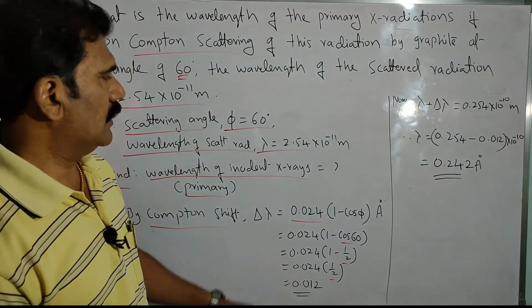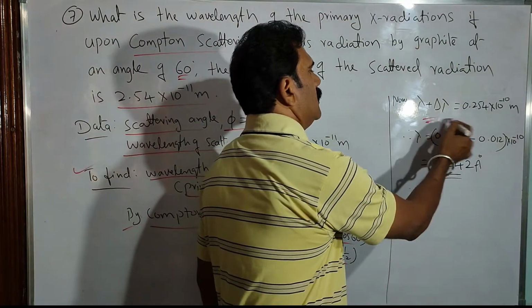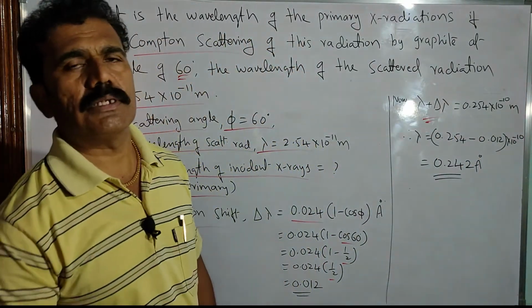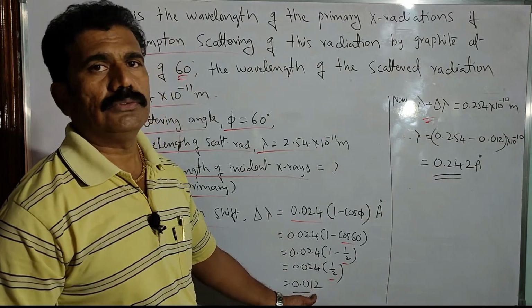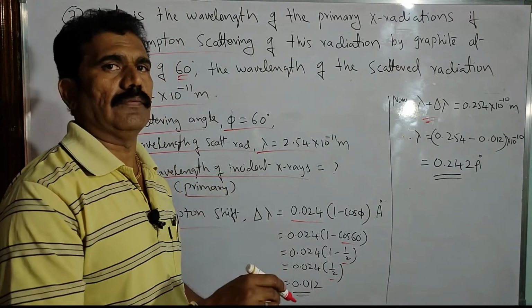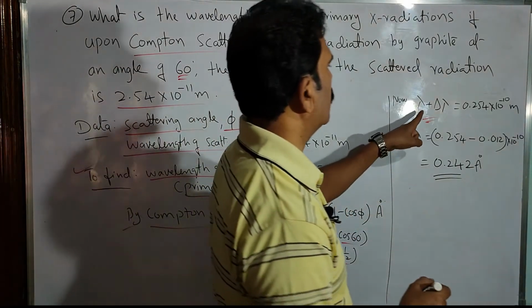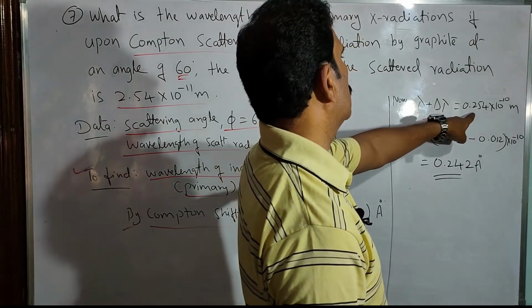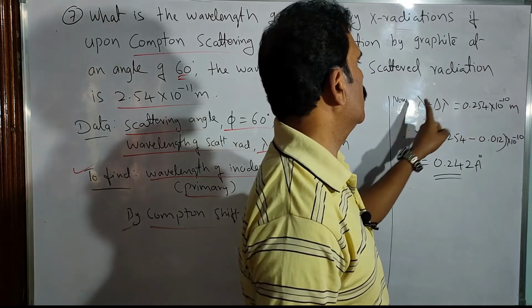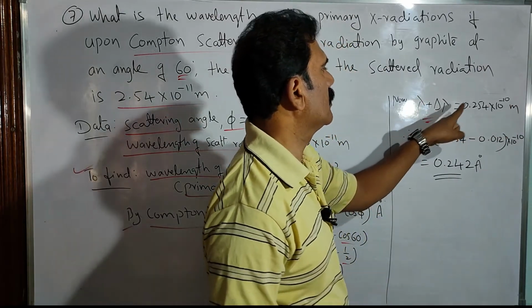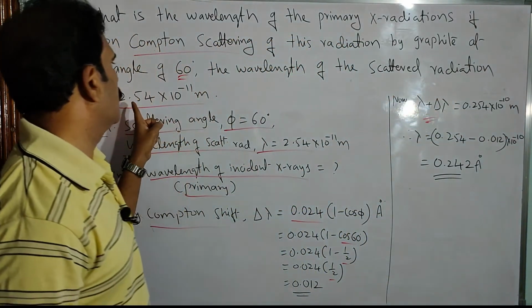Then you can use the equation lambda plus delta lambda, where the increase in wavelength, 0.012, is added to the initial wavelength. You have to calculate that initial wavelength. So lambda plus delta lambda must be the scattered wavelength here.